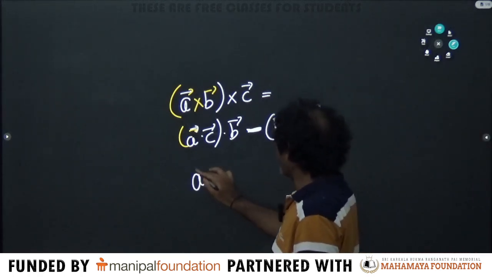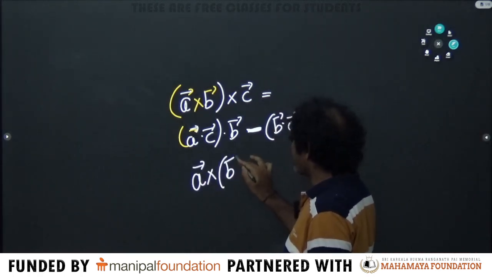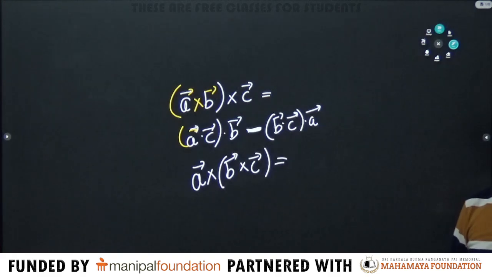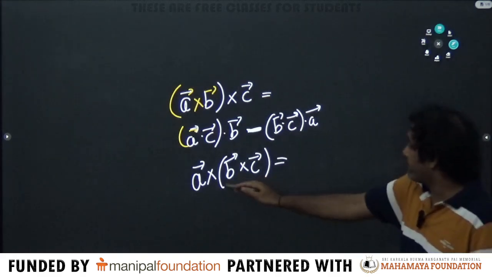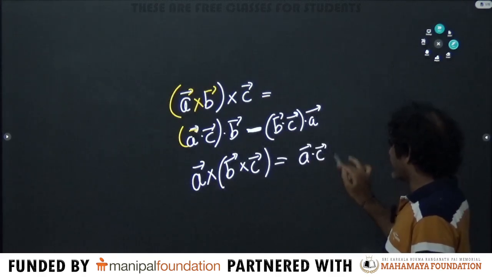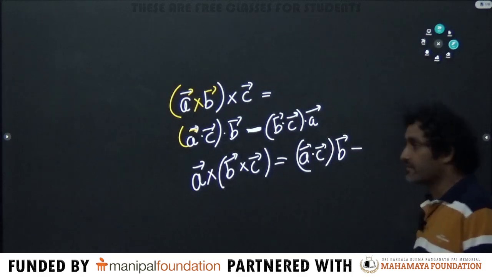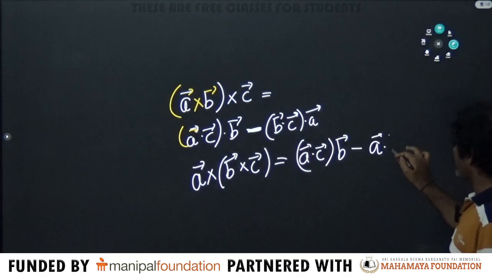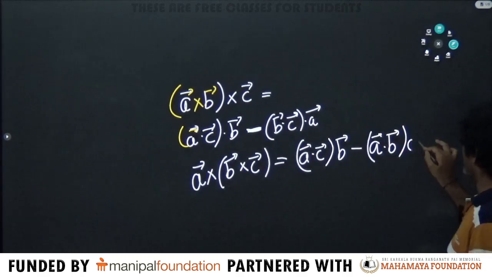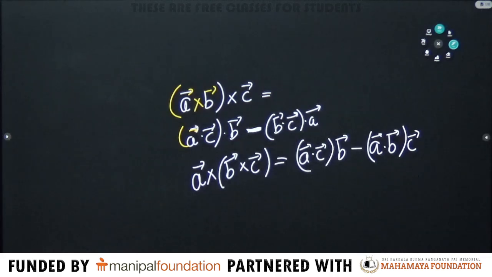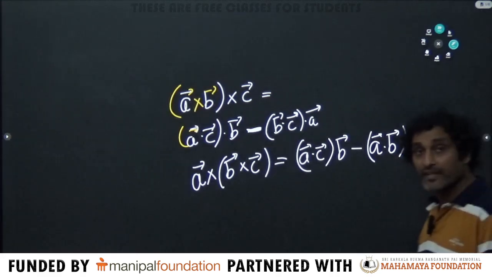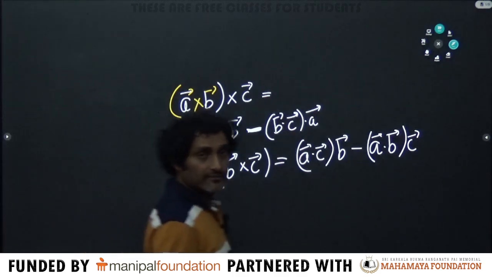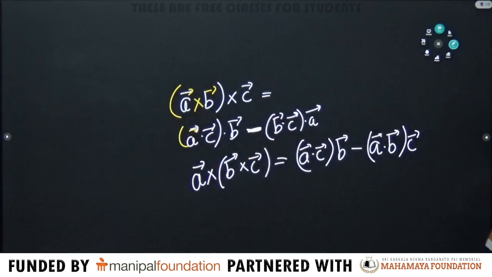What if I give you this, A vector cross, with these two in the bracket? What will you write? Make a note of it. It is first and third, A vector dot C vector, the remaining one is B vector; minus, next comes B: A vector dot B vector, and the remaining one is the third, C vector. I want you to remember this formula, we will need it. So the overview of vectors is done, we just had an overview.